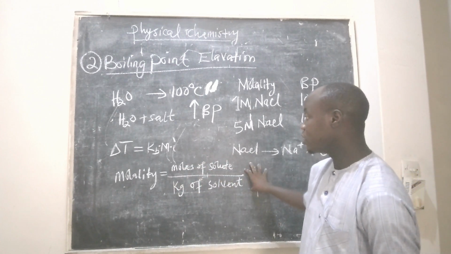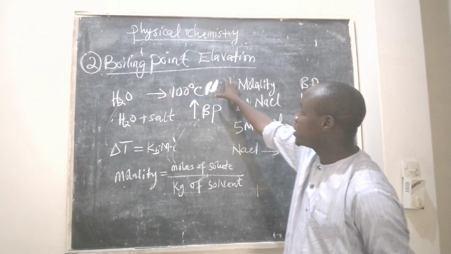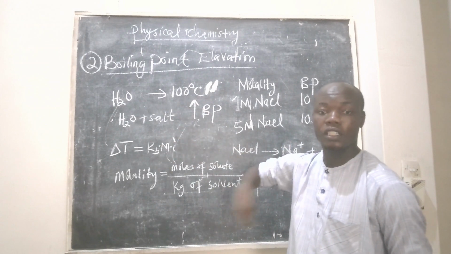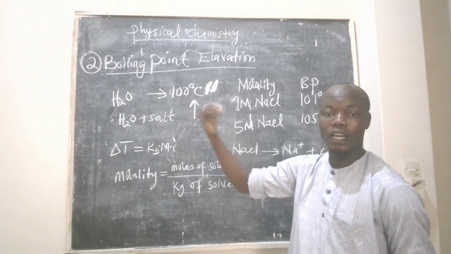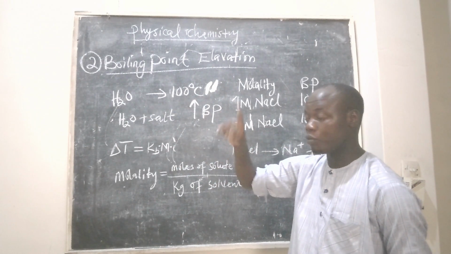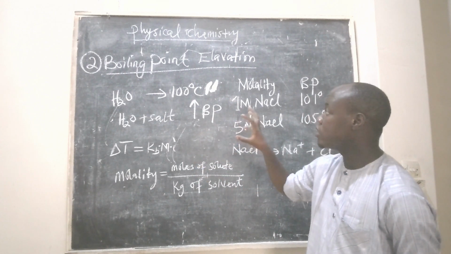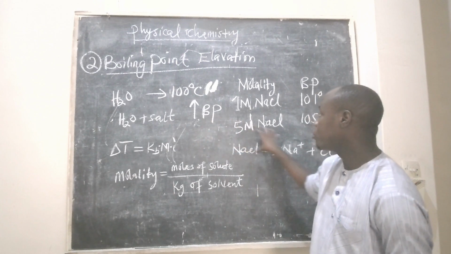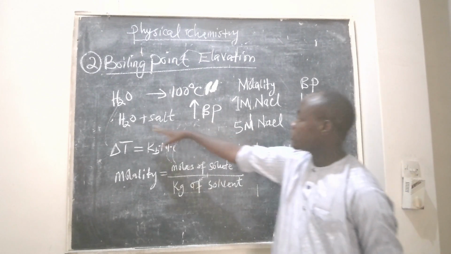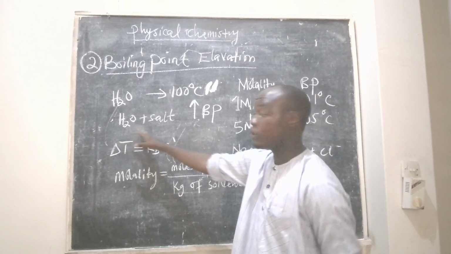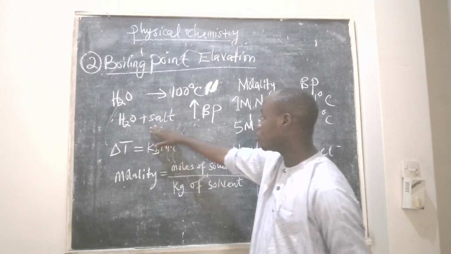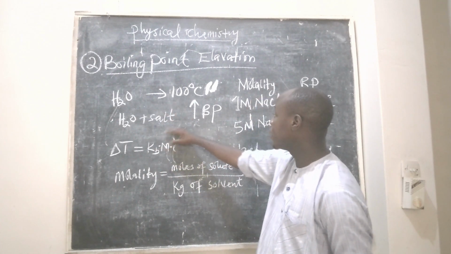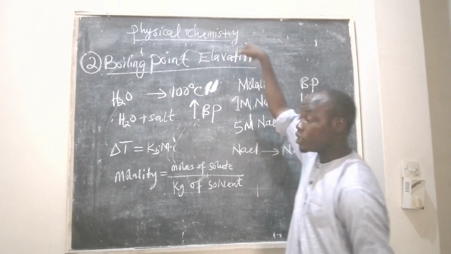In the case of boiling point elevation, as I said, it is a situation where, when you add solid particles, the boiling point of the solution increases. That is why it's called boiling point elevation. For example, here you have a solvent and you add a solid to it. As a result, the boiling point will be increased.